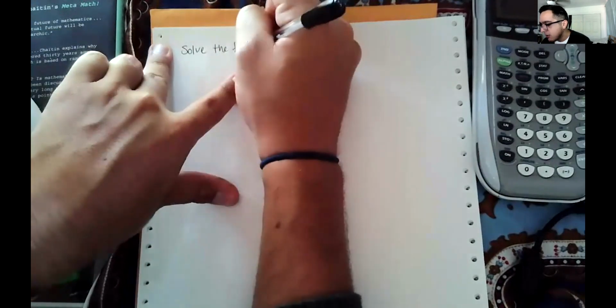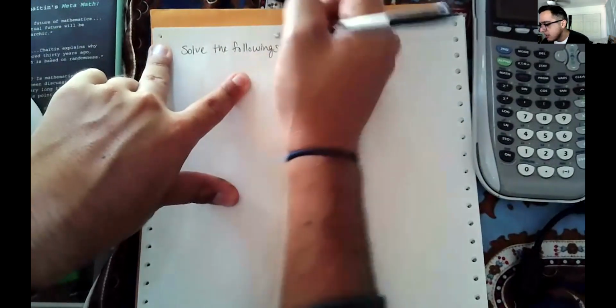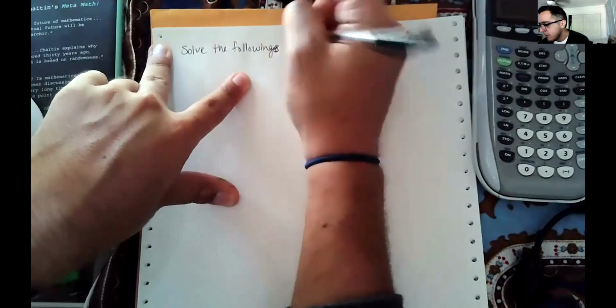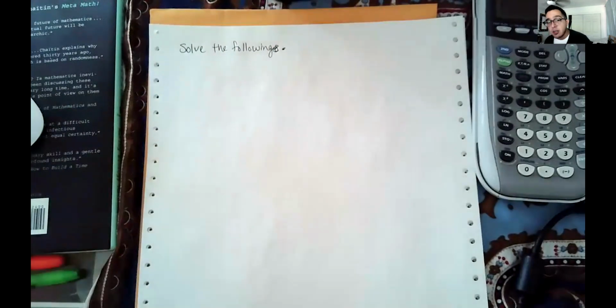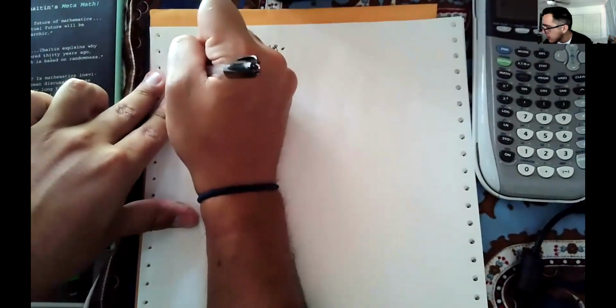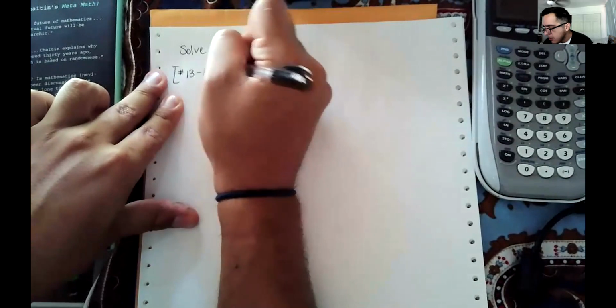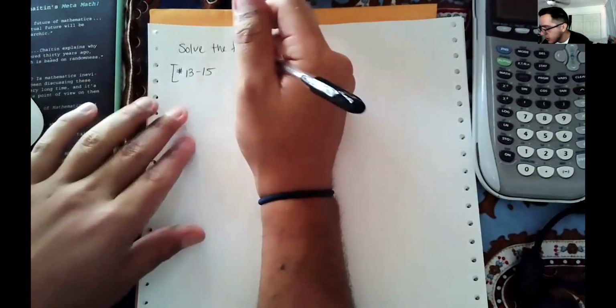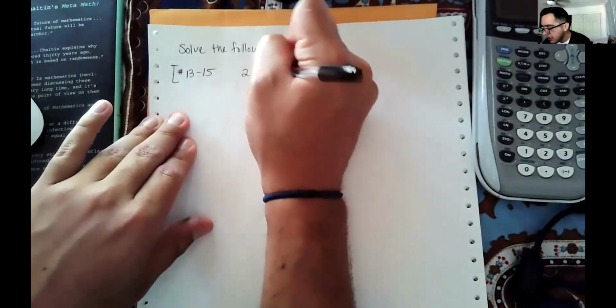And based on how the problem looks, we'll have to determine for ourselves what is the method that we use to solve the equation. Okay. So in the review, questions 13 through 15, you have rational equations, and you'll have 2 problems like this on the test.